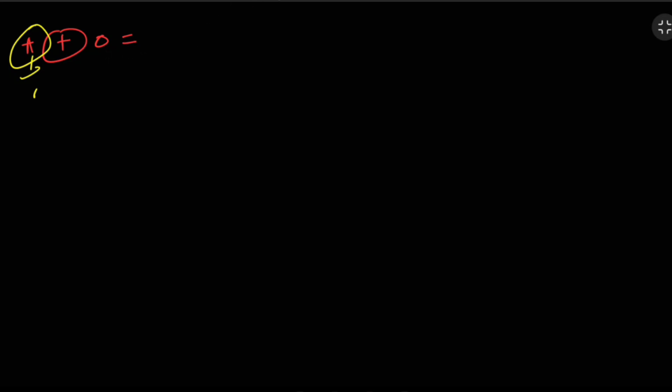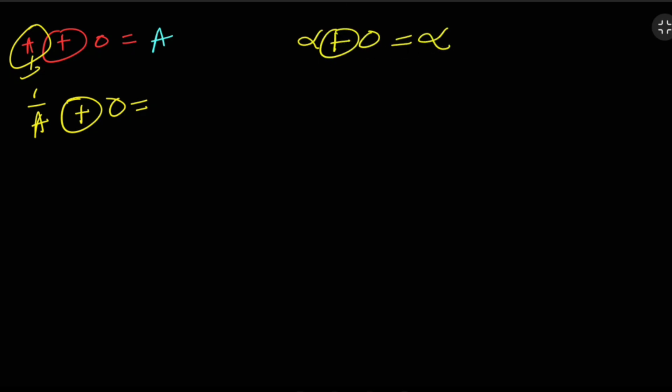So it will be same as A. If A bar is there, plus there is 0, anything exclusive or with 0, you'll get the same thing.